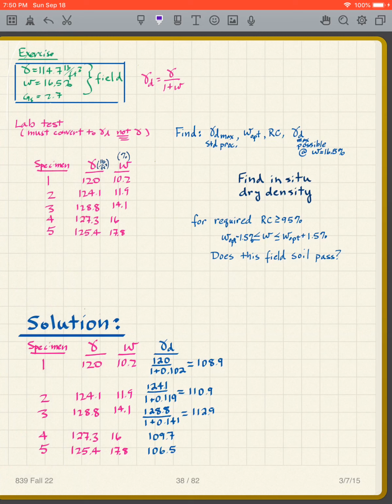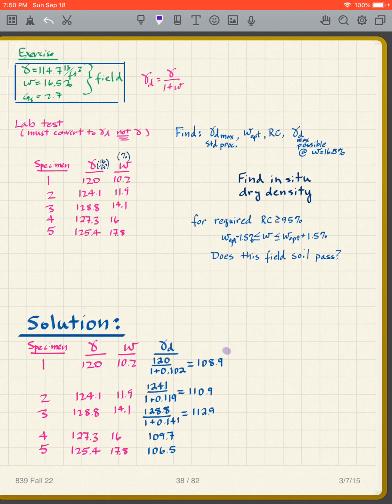Okay, assuming that you've done this problem, here's the solution. I'm going to use my equation that gamma D is gamma over 1 plus W, and I get my gamma D's here. So for the first one, it's 120 divided by 1 plus 0.102. This is in percent, so that's 10.2, so that's 0.102.